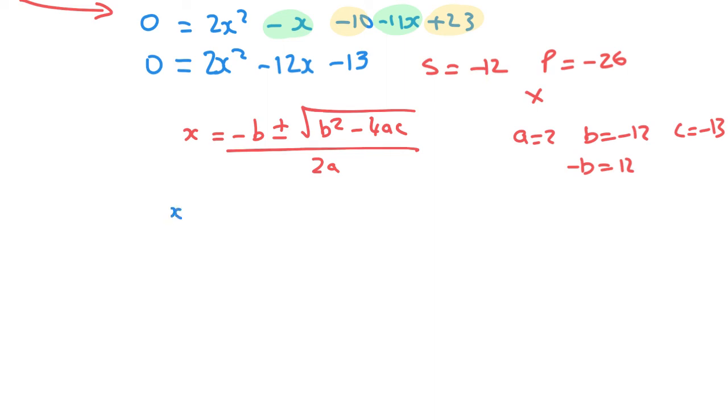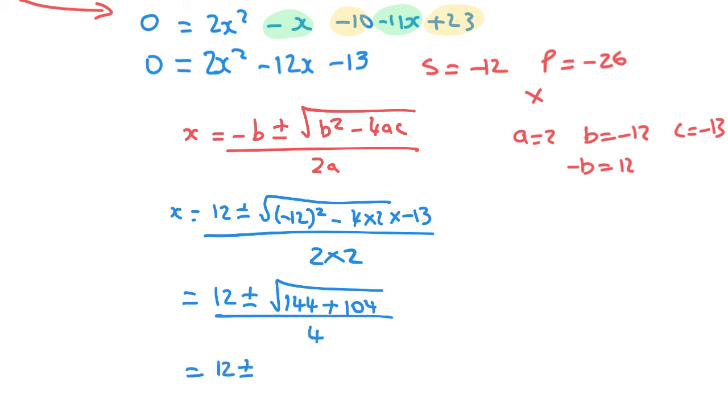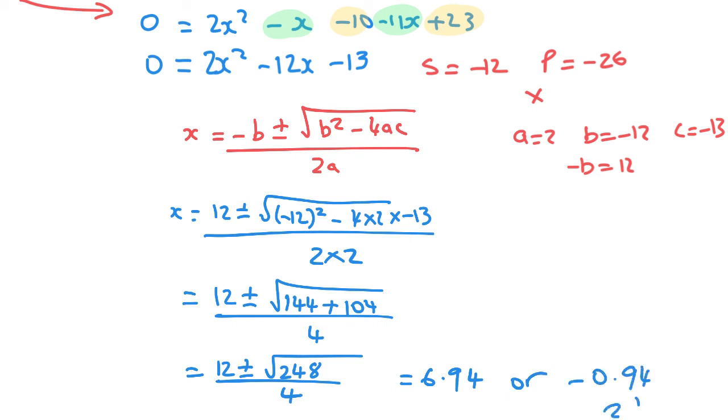So substituting those in, we get x equals 12 plus or minus the square root of, now to do b squared I'm going to put a bracket at minus 12 squared, minus 4 times 2 times minus 13 over 2 times 2, which is 12 plus or minus the square root of 144 plus 104 over 4, which is 12 plus or minus the square root of 248 over 4, which gives us values of 6.94 or minus 0.94 to 2 decimal places.